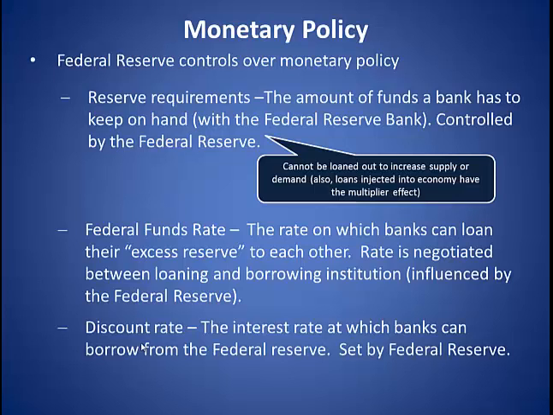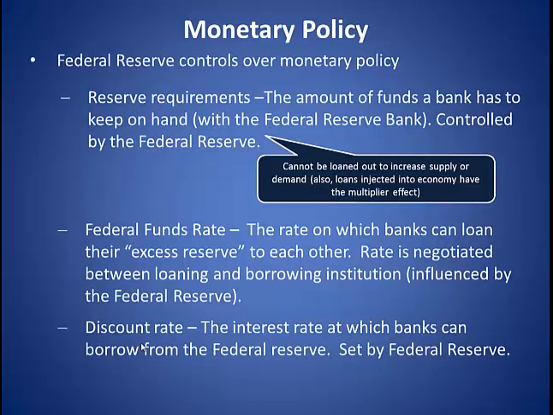The federal funds rate is the rate at which banks can loan their excess reserves to each other. That rate is negotiated between the lending and borrowing institution, although it's highly influenced by the Federal Reserve.